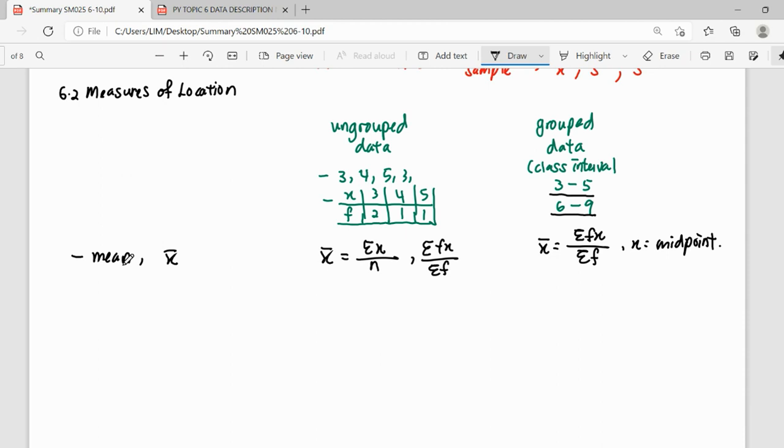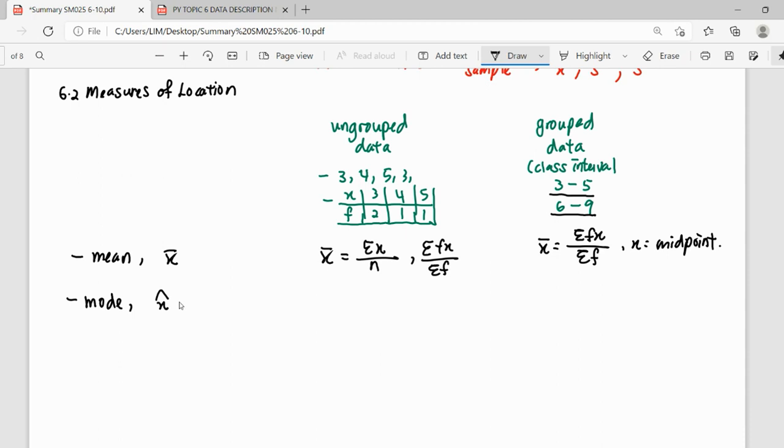Then you can move on, because for measurement of location you can also find the mode. So mode will be in the symbol like this. A bit like a unit vector, but this is not a vector. A vector has a tail at the bottom, so this is not a vector, it is the mode. The mode is simple because you look at the highest occurrence data.